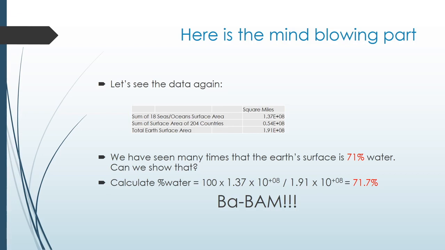So what do my numbers show? Let's calculate the percentage of water. I multiply times 100. Then I take 1.37, the surface area of water, divide by 1.91, the total surface area, and I get 71.7% water.